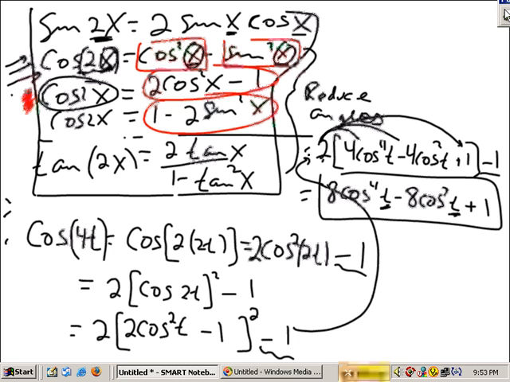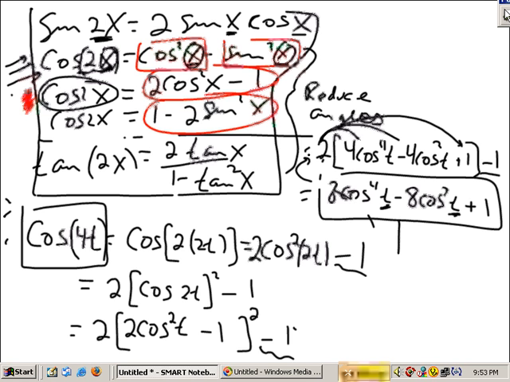Okay, for example, if they told me that cosine of t is 1/3, and they asked me to find cosine of 4t, I would have to do everything I just did. And then wherever I see cosine t, I plug in a third.